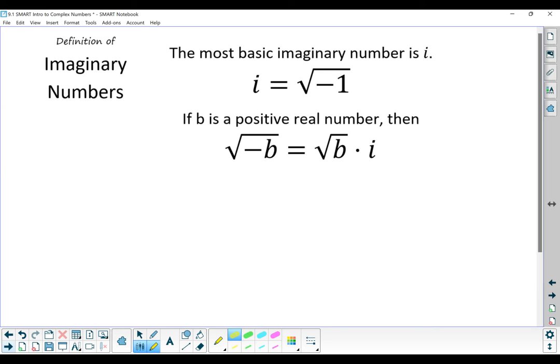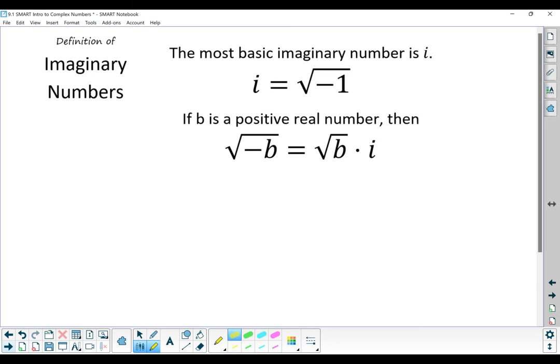So the definition of imaginary numbers, like the very, very most basic imaginary number, is i. So we use a letter to represent imaginary numbers. The most basic imaginary number is i. That's the unit in the imaginary number system. And i is equal to the square root of -1. So square roots of negative numbers don't exist in the real number system.